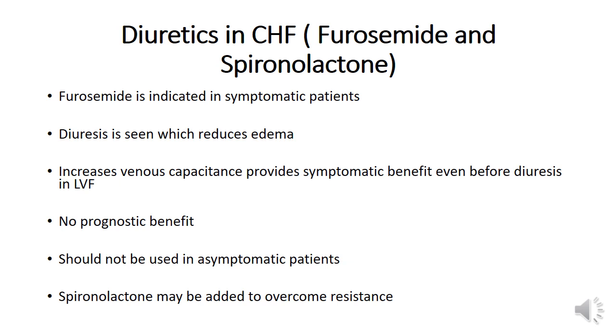And in fact, intravenous furosemide in left ventricular failure provides symptomatic benefit even before diuresis because it increases venous capacitance. However, furosemide does not produce any prognostic benefit, no survival benefit, hence only used for symptomatic patients.